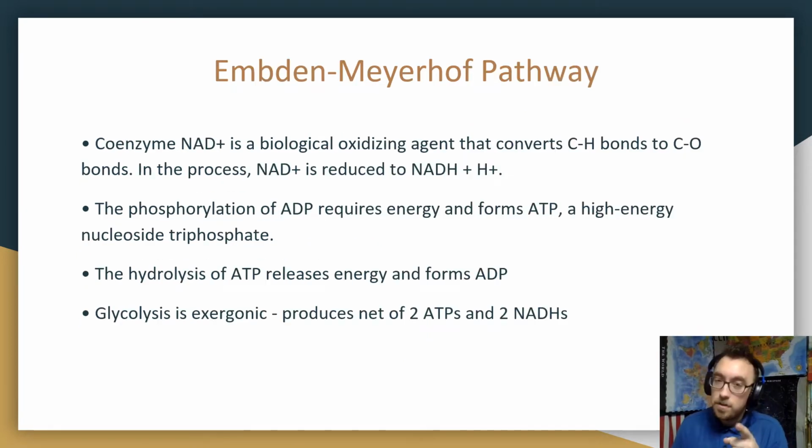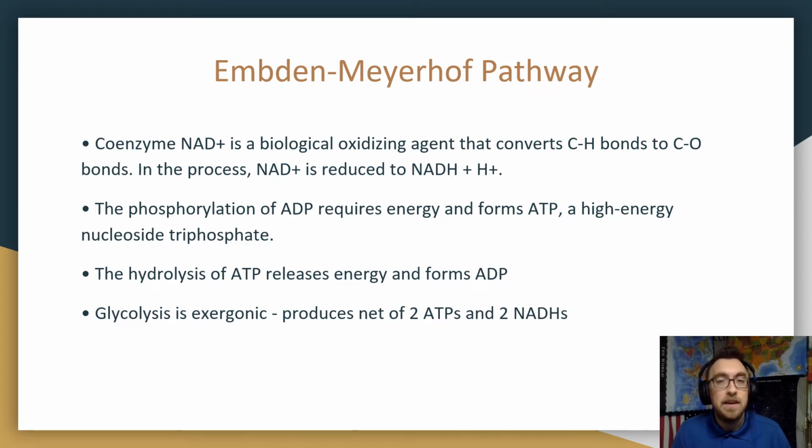Another name for this is the Embden-Meyerhof pathway. Glycolysis converts glucose, as said, to two molecules of pyruvic acid. Pyruvic acid is more oxidized than glucose, so the energy released from the oxidation is used to create two molecules of ATP from two molecules of ADP and two inorganic phosphates.